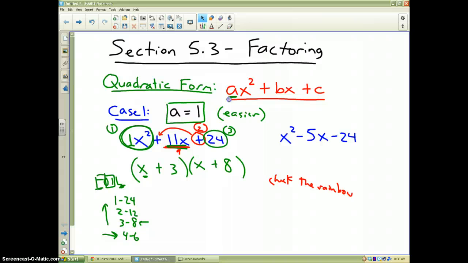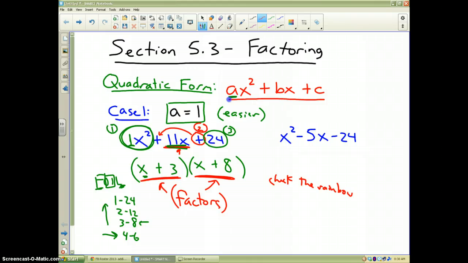The two factors are x plus 3 and x plus 8. Those are my factors. Okay? So that's a review on factoring.